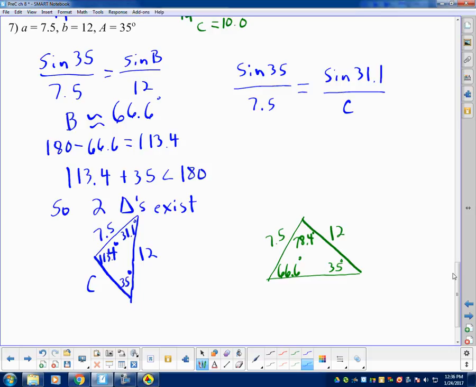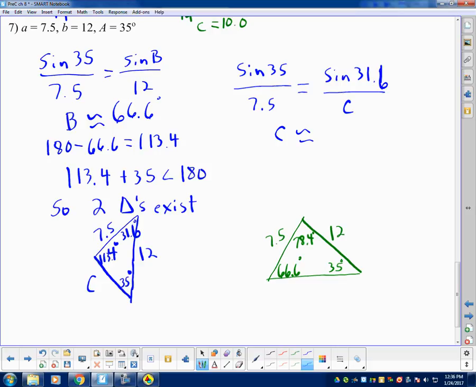Right here, change that to 31.6. You guys got that? You're right. This should be a 31.6 right here, since this is a 113.4. So C should be approximately equal to about 6.9.